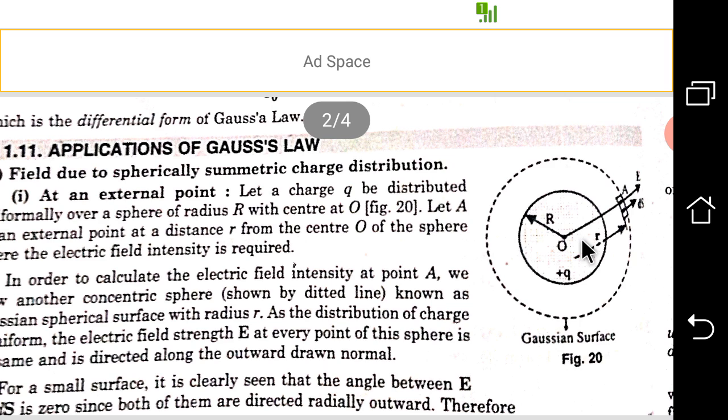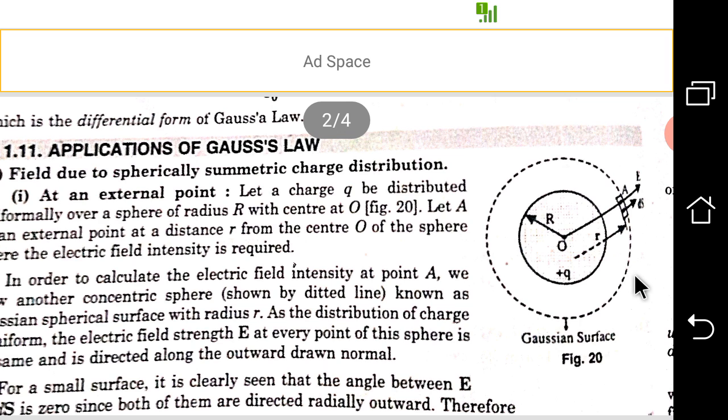In order to calculate the electric field intensity at point A, we draw another concentric sphere, shown by this dotted line, known as the Gaussian spherical surface with radius r. As the distribution of charge is uniform, the electric field strength E at every point of this sphere is the same and is directed along the outward drawn normal.